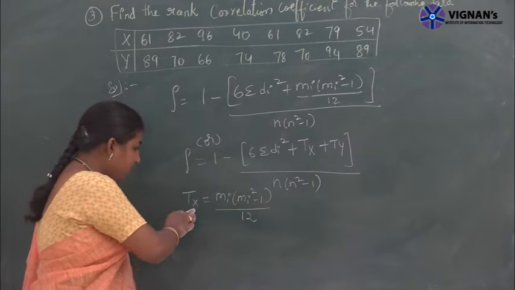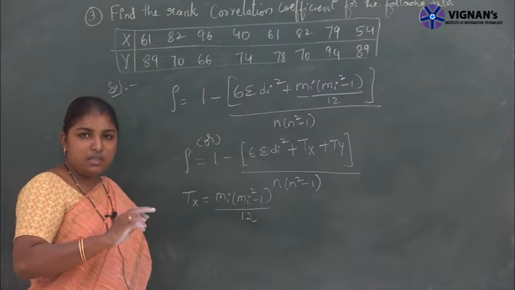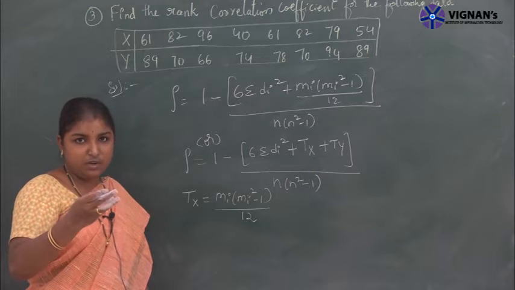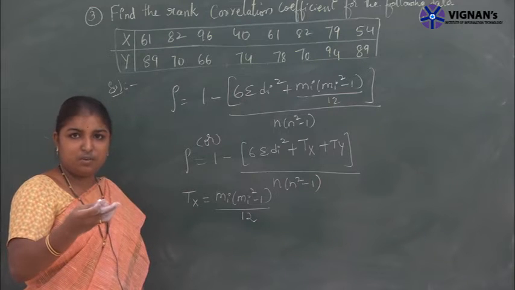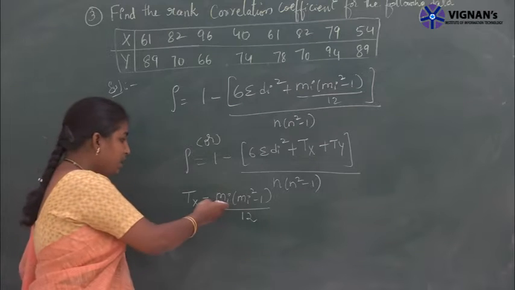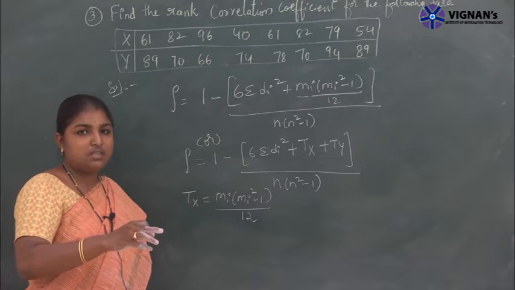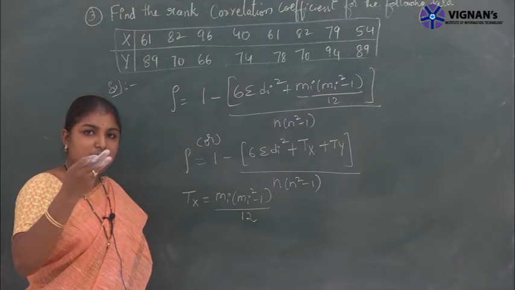So for x values, we have to see how many repeated ranks we have. In these x values, 2.5 is repeated 2 times and 5.5 is repeated 2 times. So 2 ranks are repeated twice. Here mi means how many times ranks are repeated. So in x values, 2 ranks are repeated 2 times.